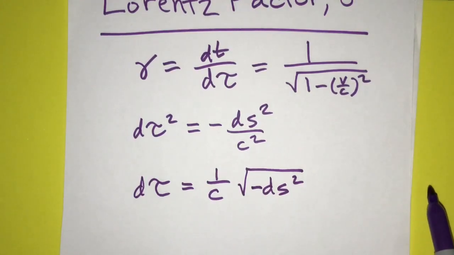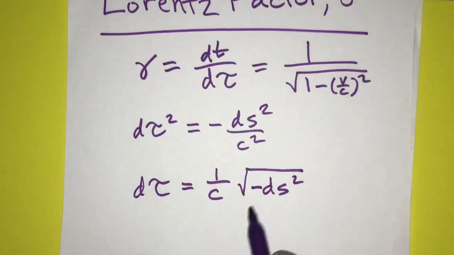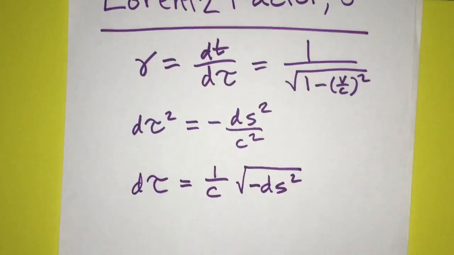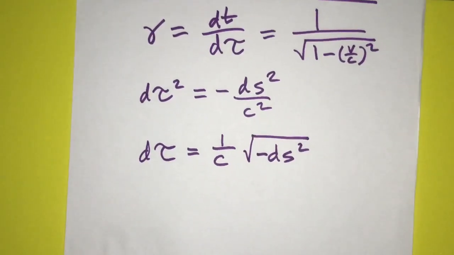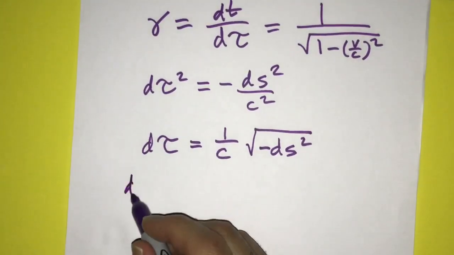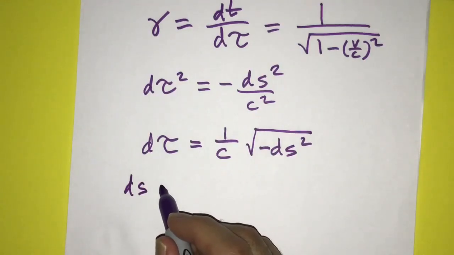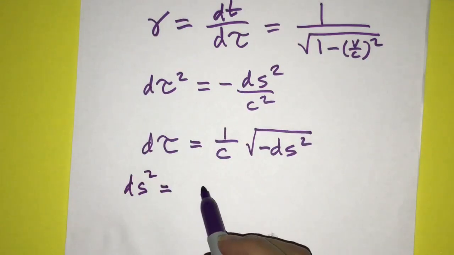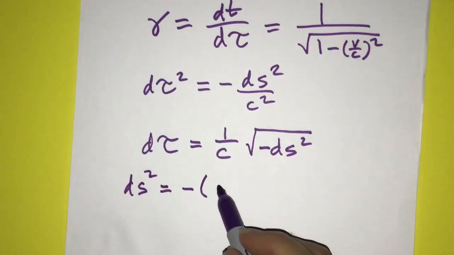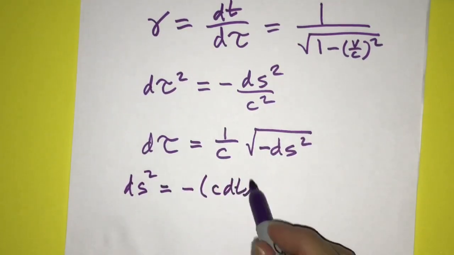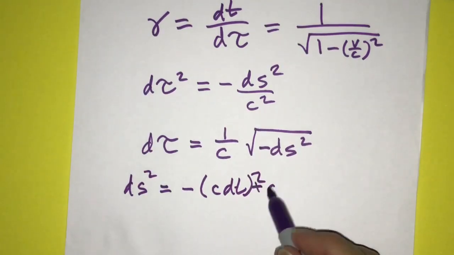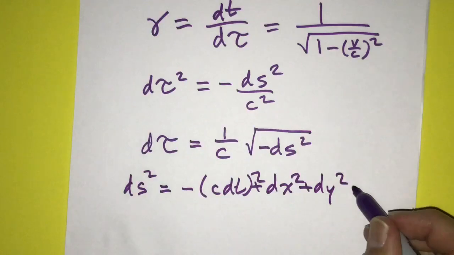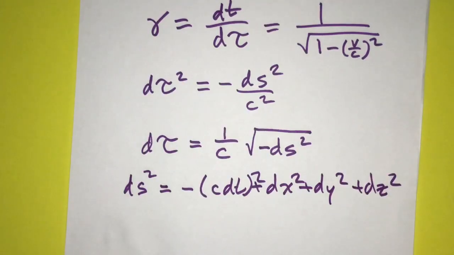Okay. And let's take a look at what this space-time interval is, right? So we get ds squared is going to be equal to negative c dt squared plus dx squared plus dy squared plus dz squared.